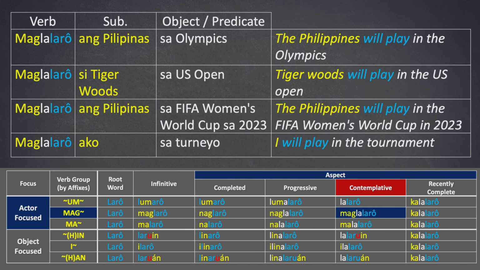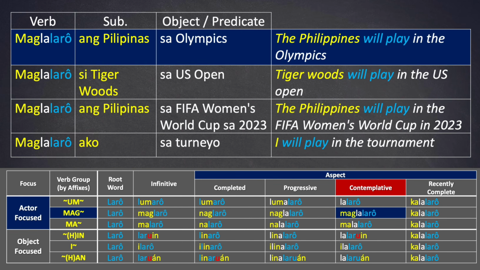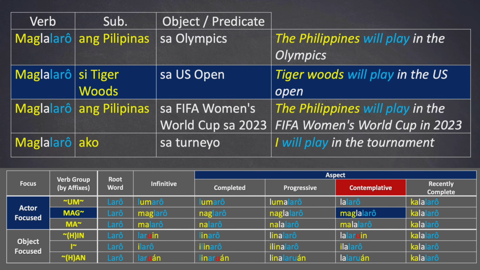Next, remember that in this verb, there is a slight emphasis on the action. Maglalaro ang Pilipinas sa Olympics. The Philippines will play in the Olympics. Maglalaro si Tiger Woods sa US Open. Tiger Woods will play in the US Open.